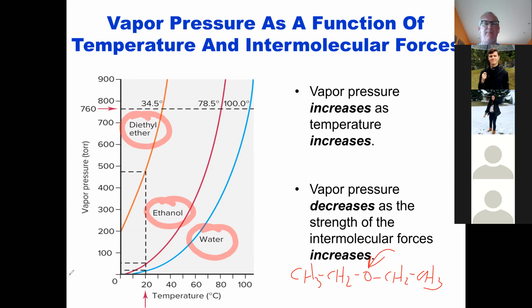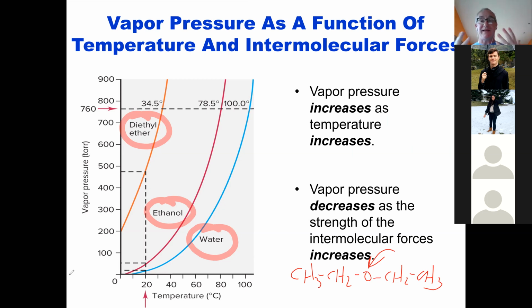Very good. Yeah, it's going to be bent. Good job. How did you figure that out? Because oxygen will have the two lone pairs of electrons that will repel. So proud. You learned that. That's awesome.